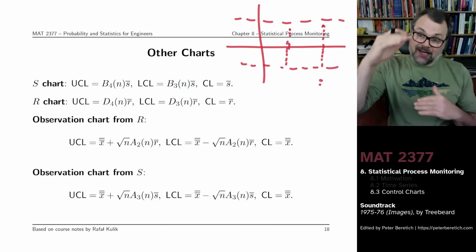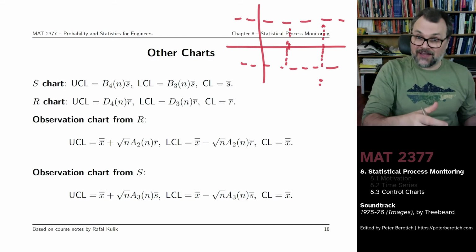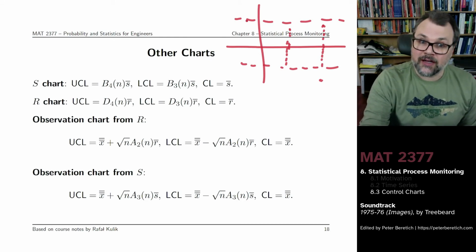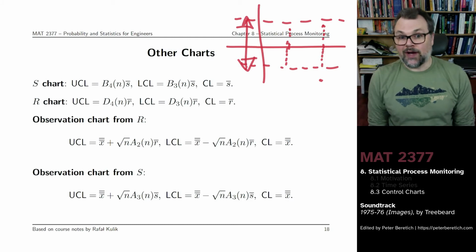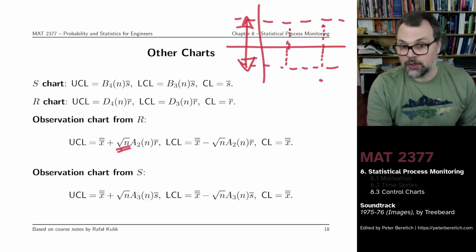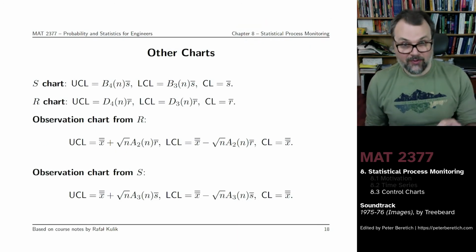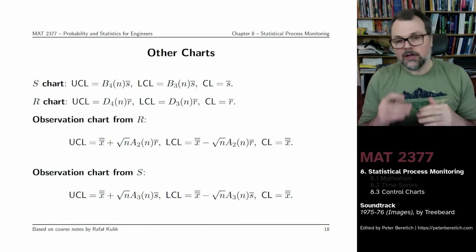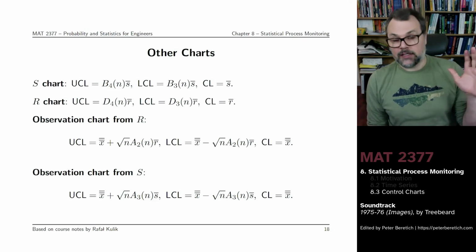Because the sample mean has a tighter standard deviation than the observations themselves do, thanks to the central limit theorem, you would expect here that for an observation chart rather than a sample mean chart, the upper control limit and lower control limits would actually be wider. This is given here by the fact that you are going to be multiplying these things by the square root of n here. So typically speaking, the radius, if you want, of the charts when you're looking at the observations themselves rather than trying to monitor the sample, you have more margin for every once in a while getting a crazy measurement.